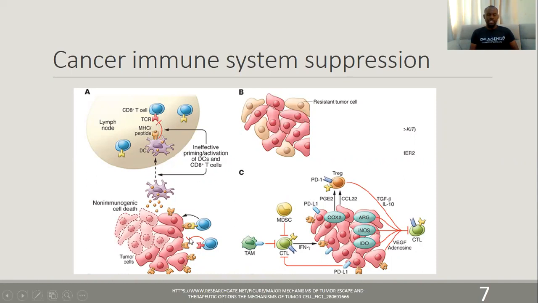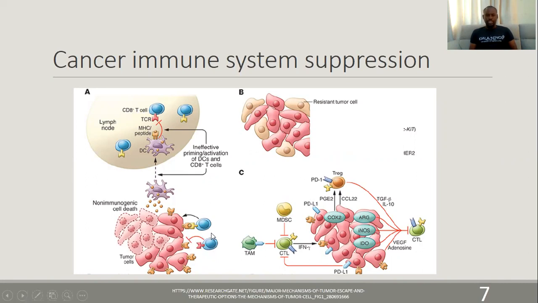These red lines show blockages whereby there was supposed to be an interaction between this cell and this blue cell. This blue cell is actually a CD8 T cell, so it's part of the immune system. When the cancer cells prevent this interaction from taking place, they actually prevent the immune system from attacking them.